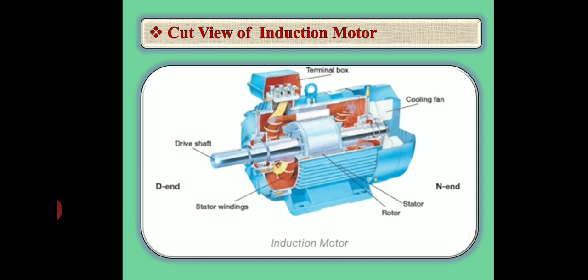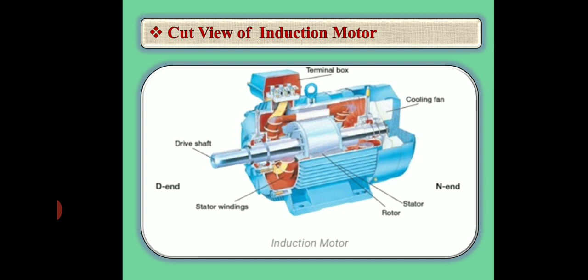Next, the cut view of induction motor. The basic parts of an induction motor are stator, rotor, stator winding, driving shaft, enclosure, terminal box, cooling fan, bearing, etc. Here we can see that there are two ends of the induction motor.